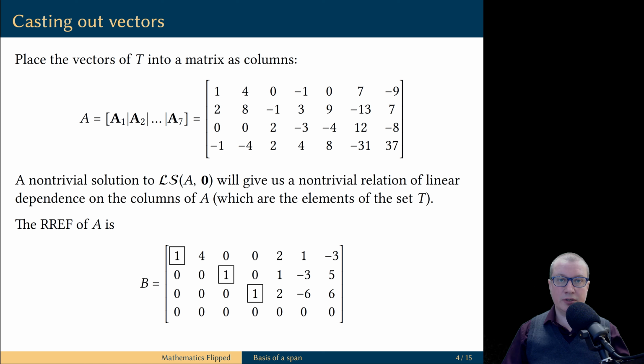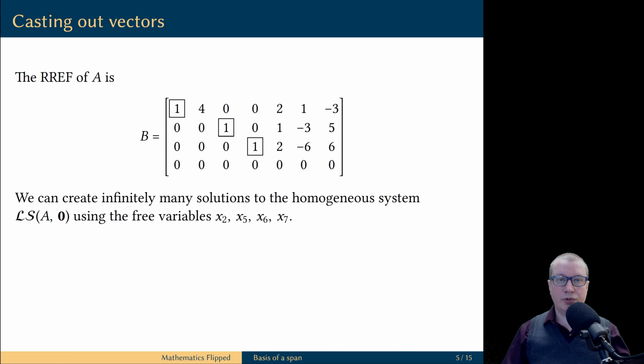And to solve the linear system, we find the reduced row echelon form of the coefficient matrix A. From this reduced row echelon form, we see that there are 3 dependent variables and there are 4 free variables. The dependent variables correspond to pivot columns in the reduced coefficient matrix. These are columns 1, 3, and 4, and free variables correspond to non-pivot columns. These are columns 2, 5, 6, and 7.